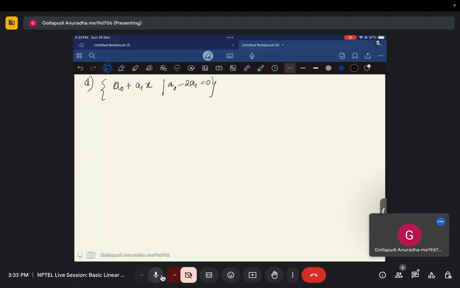So we come to polynomials. And here we should check x and y, x plus y, or a naught.